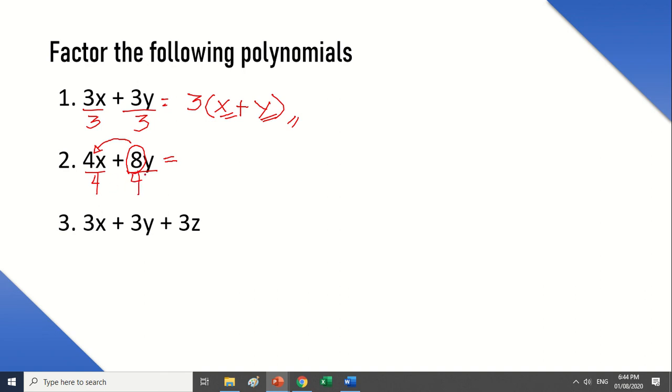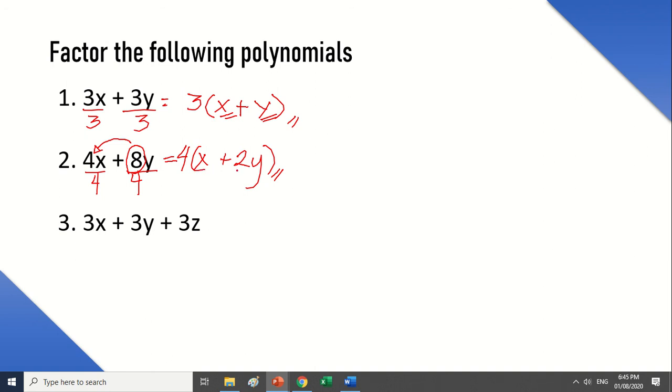So let's divide them by 4. 4x divided by 4 is x. Then 8y divided by 4 is 2y. Because we took 4 outside the parentheses, you will just write 4 outside the parentheses and quantity x plus 2y. Then, final answer. Ganun lang po siya kadali. Tinanggal lang natin si 4 para maging factored form na siya.